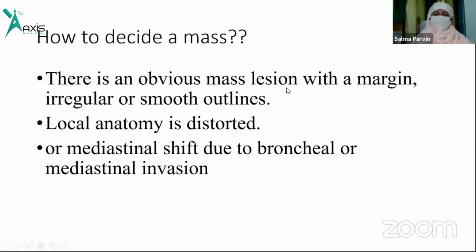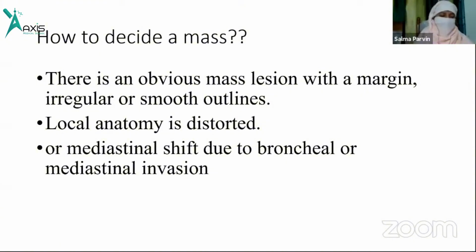Whenever you get an obvious mass lesion that is seen as an isolated lesion in the lung, you decide that yes, this mass is present in the lung and it has regular or irregular, smooth or spiky outlines.